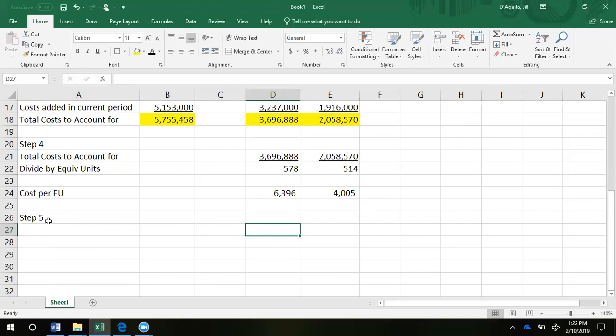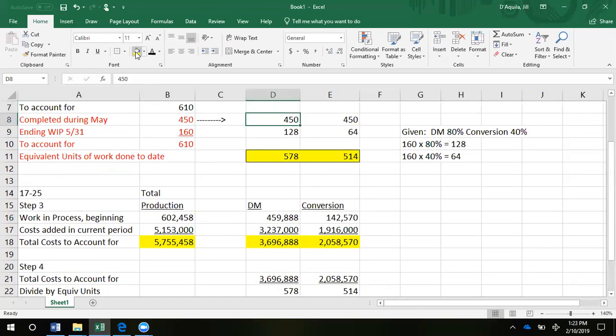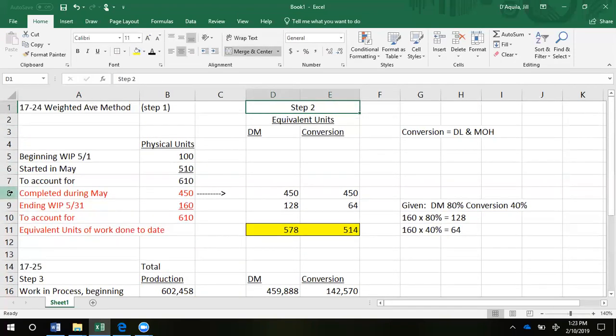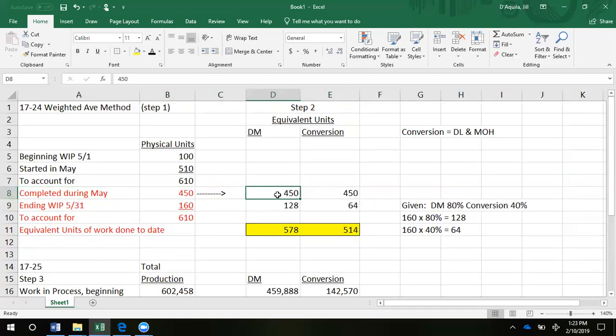Starting over here, I am going to work with my cost per equivalent unit, and I'm also going to work with what I did earlier on, right over here. Let me show you the full picture, but this is what we need right now. Completed during May and ending work in process, and we are focusing on these numbers right over here.